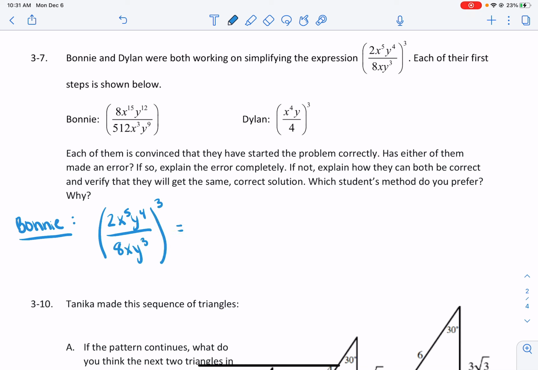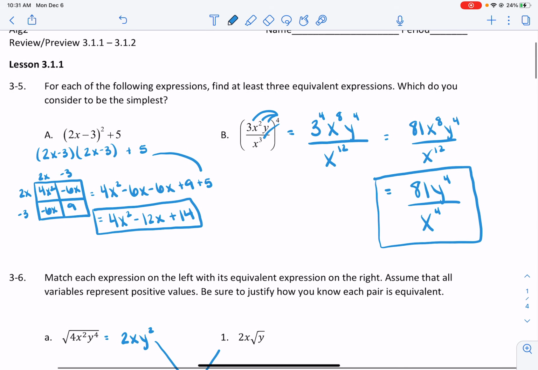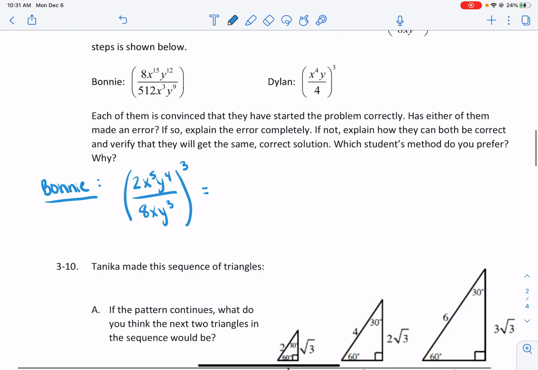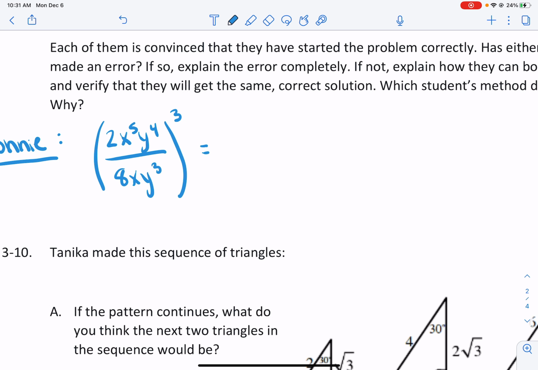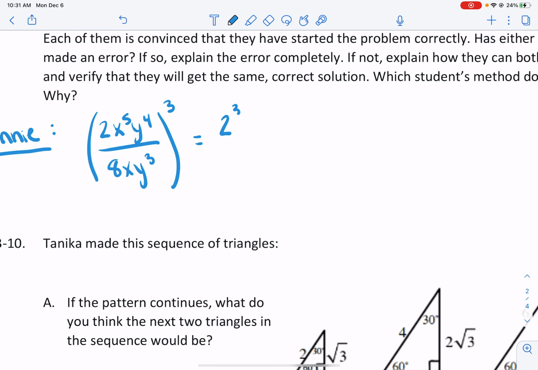What Bonnie did was she solved the problem like I did up here for letter B by bringing that power through right away. So this became 2 to the 3rd power, x to the 15th power, and y to the 12th power, all over 8 to the 3rd power, x to the 3rd power, and y to the 9th power.